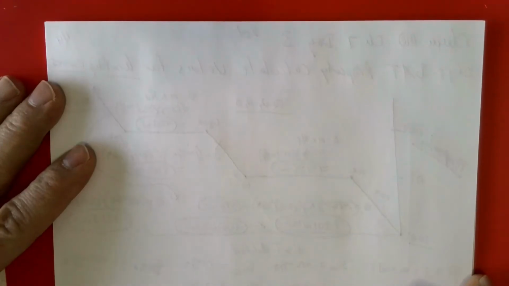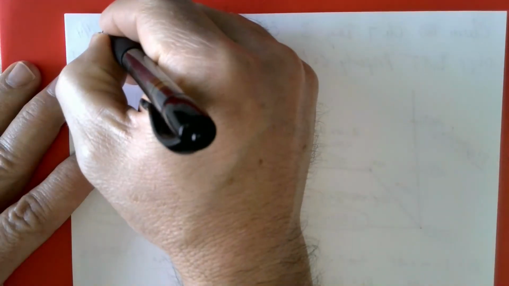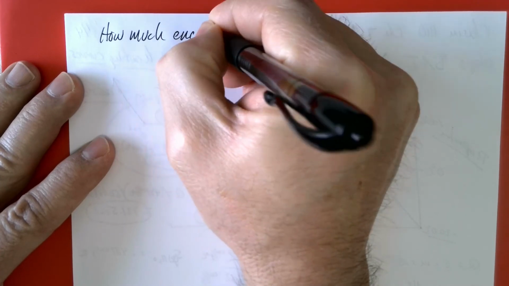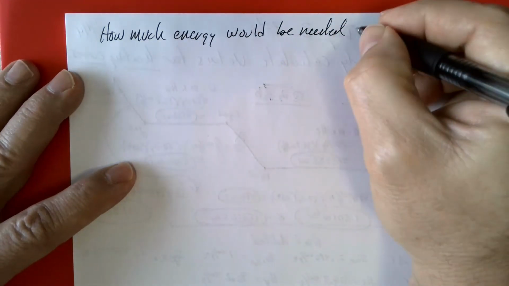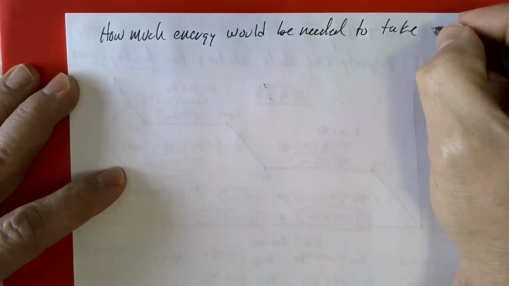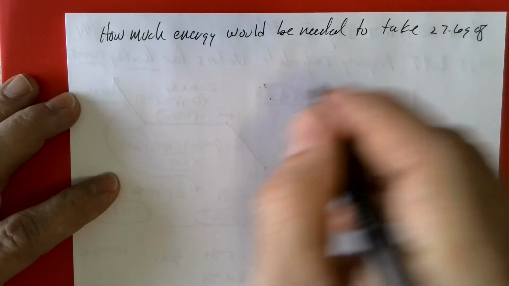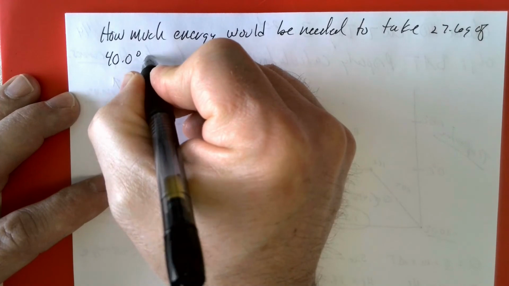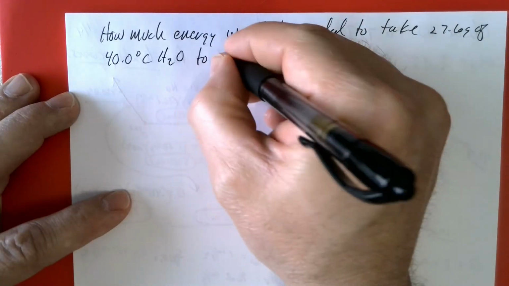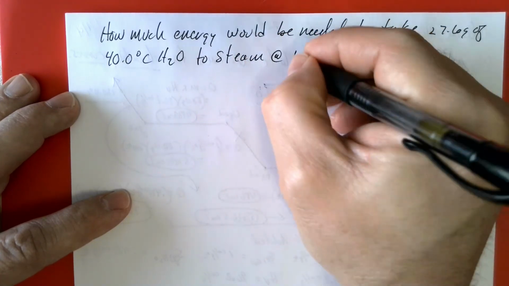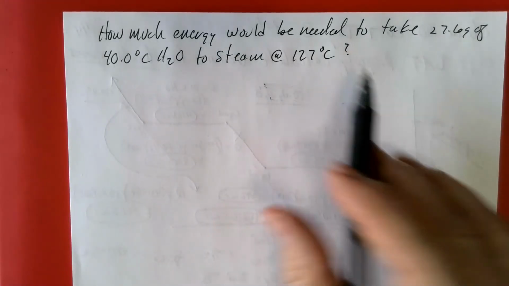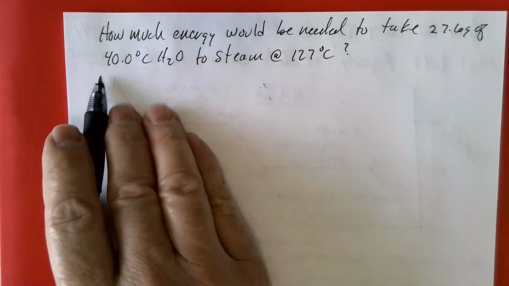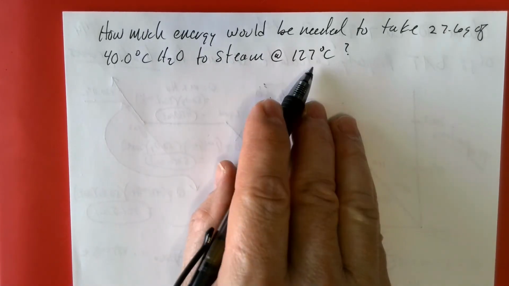And we need to hurry because we only have 11 more minutes. Alright, so here we go. How much energy would be needed to take 27.6 grams of 40 degrees water to steam at 127 degrees Celsius?